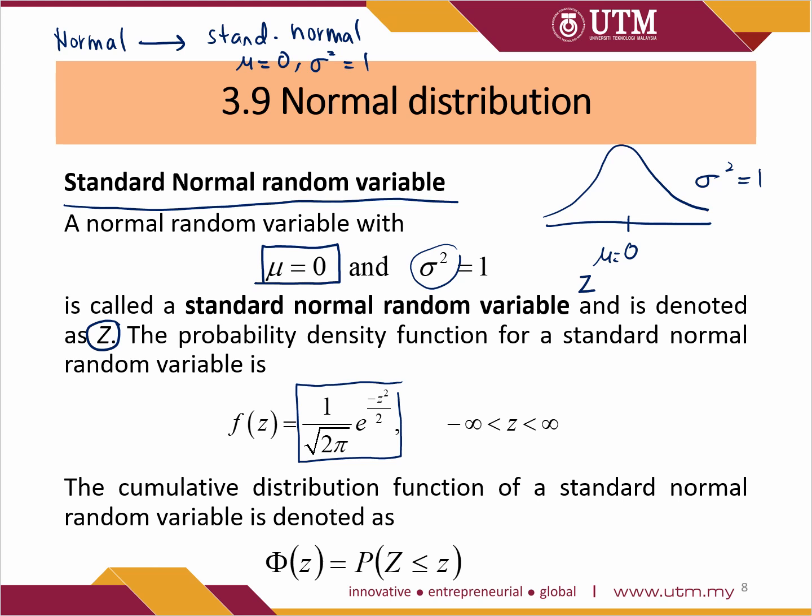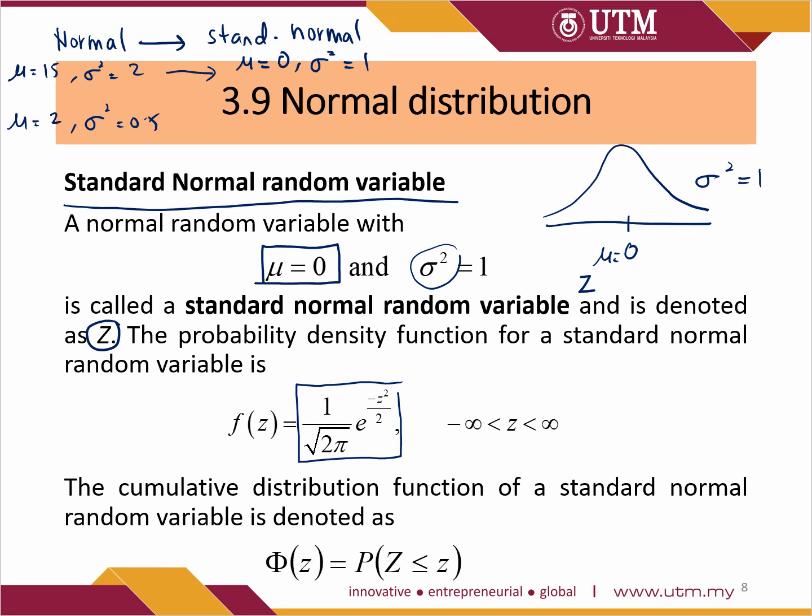So for any problem, whether the mean is 15 and standard deviation is 2, or the mean is 2 and standard deviation is 0.5, we don't have to solve it differently. We just convert it into a standard normal, then we can solve our problem.